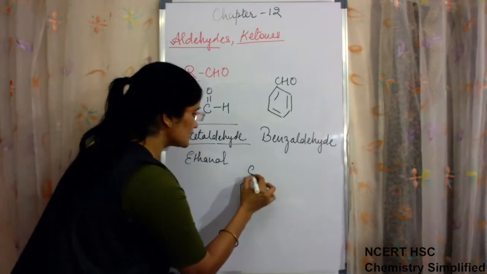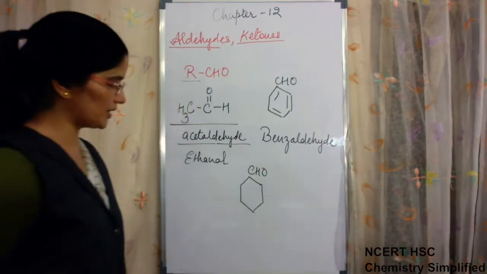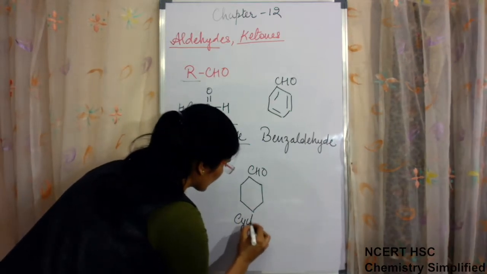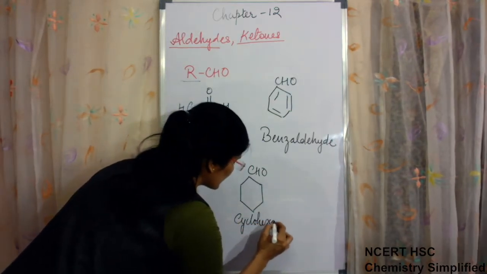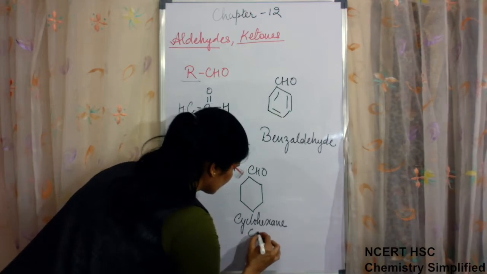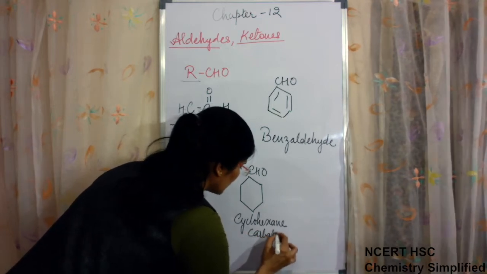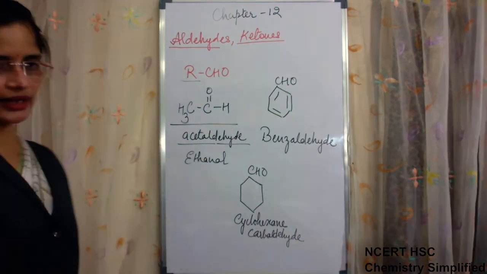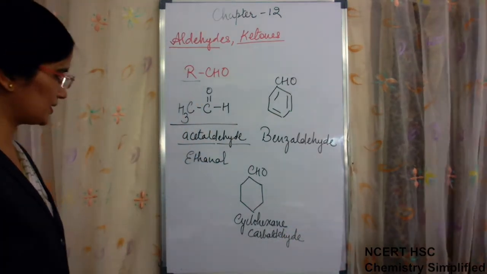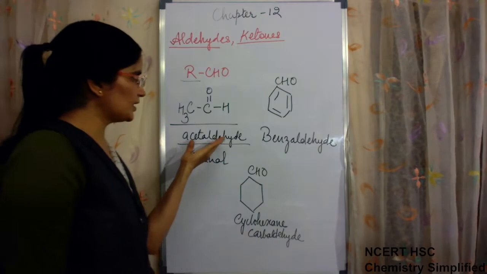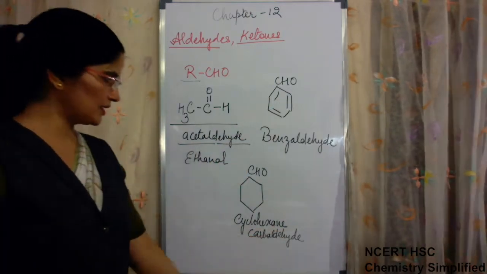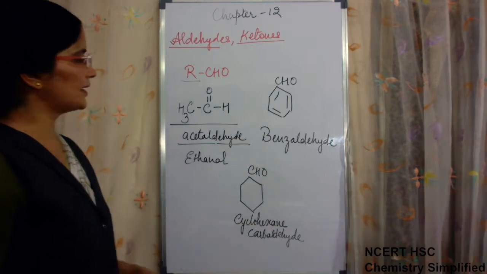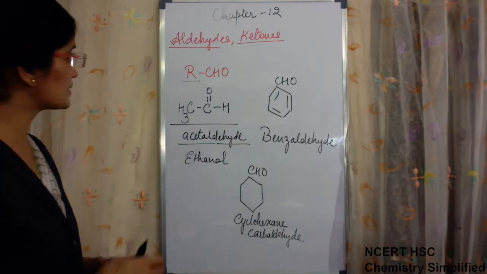If cyclohexane has a CHO group attached to it, then it is known as cyclohexane carbaldehyde. Okay, cyclohexane carbaldehyde. So, acetaldehyde, benzaldehyde, cyclohexane carbaldehyde. These are the basic aldehydes which we can discuss.